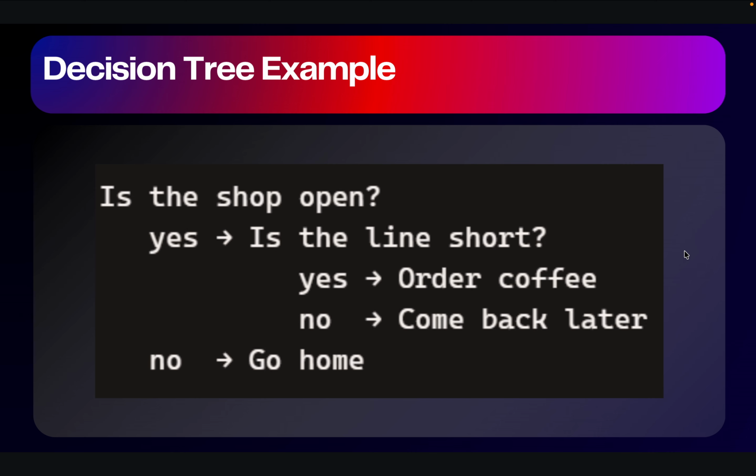If the line is short, then order a coffee. If it's not a short line, then come back later. Now, if the answer was no to is the shop open, basically the person would go home. So this is showing you the decisions you can make based off of a question, and based off of that question, you can have different outcomes or different actions.